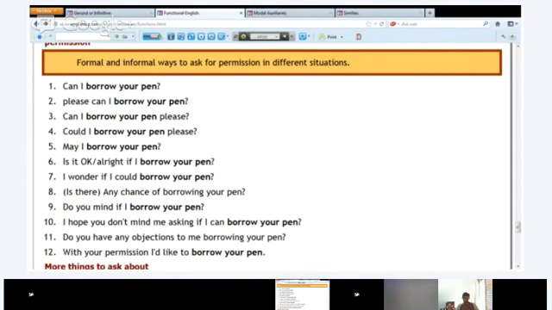Those words could be used in another situation. For example, "I hope you don't mind me asking if I can borrow your car, please." Yes, because it would really help me out, and I know it's a problem for you, and I wouldn't normally ask, but I'm a bit stuck here.